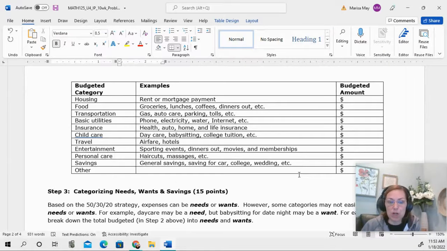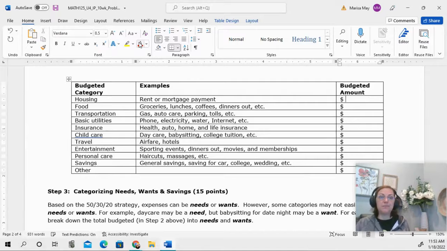$3,334. So let's just say my rent, I don't know what your rent is, but we're going to make a budget for it. I'm going to say maybe like 850. And then depending on your family size, you may or may not have more expenses as far as groceries.